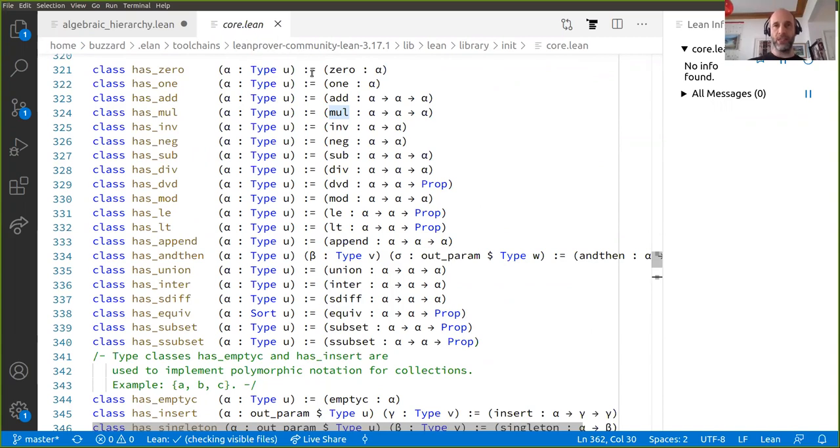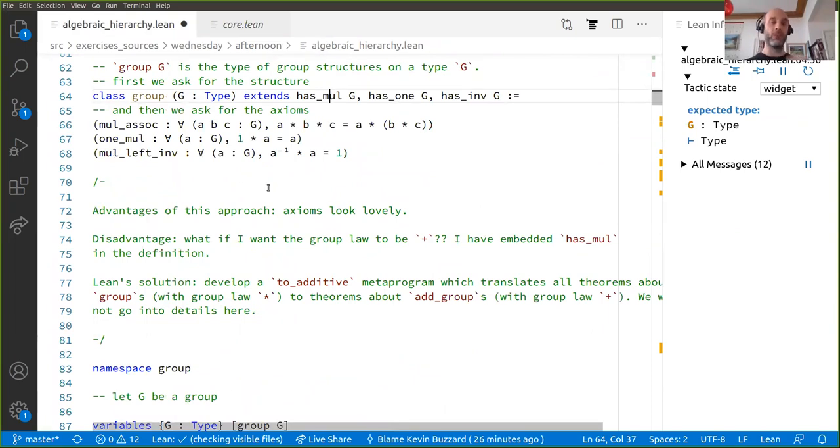As you can see, all of these type classes only have one alpha. And we're going to see when a ring acts on a module, we're going to need a different notational type class. These are all defined in core lean. Has one and has inv too. There is no problem with whether we denote the group operation by a multiplication symbol or an addition symbol.